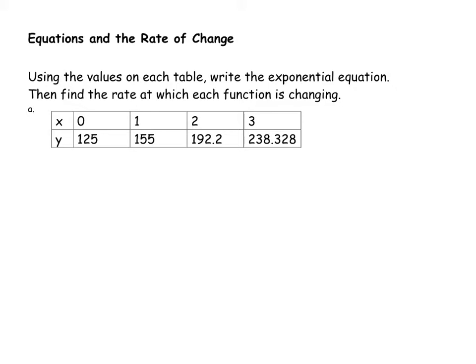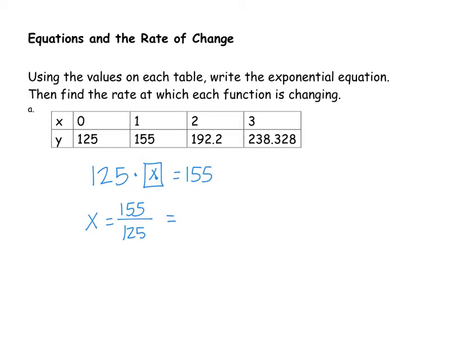Alright, so now let's figure out what rate the function is changing. What we're going to do is take 125 and multiply it by something, and that equals 155. That's how we multiply something and get the next value. To get that, we can move past third grade and actually put an x in there. So x would equal 155 divided by 125.